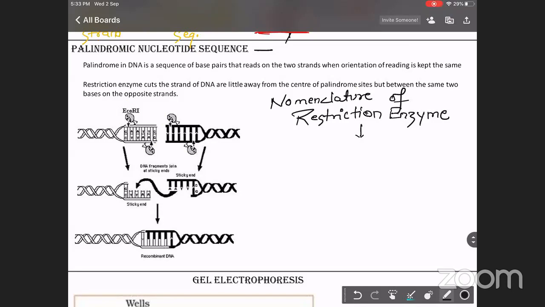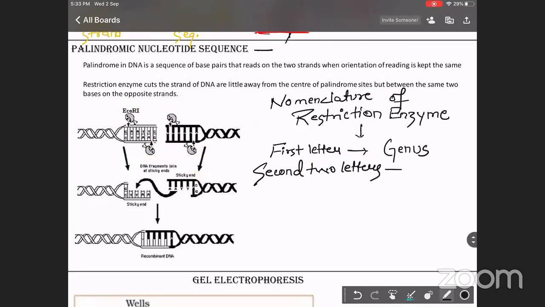So we form the nomenclature as follows: the first letter of the name of the restriction enzyme belongs to its genus, then the second two letters belong to the species.